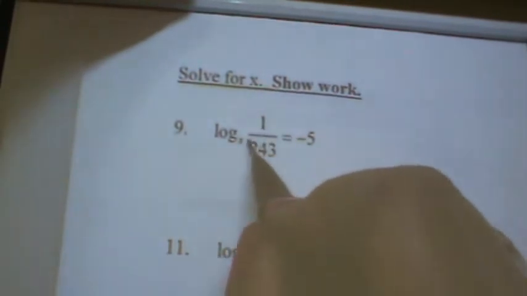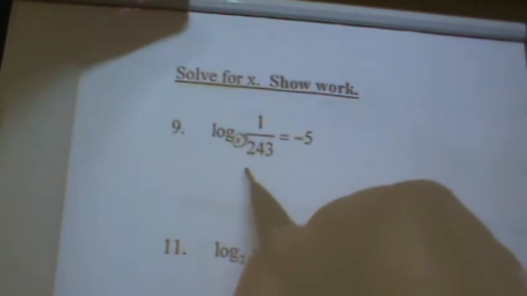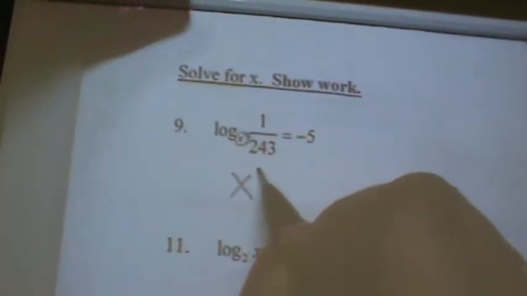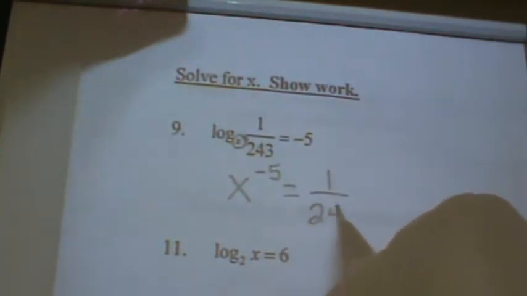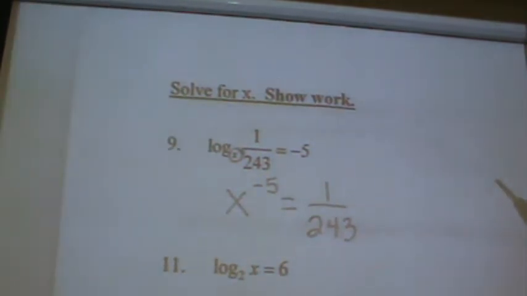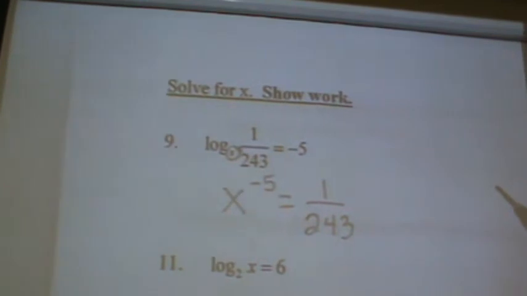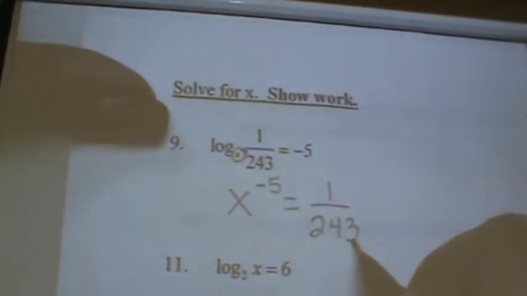Solve for x. Where is x? Right there, little. So let's rewrite it. X to the negative fifth power is equal to 1 over 243. Now, you guys know the test is multiple choice. You're going to have answers here. Now think of 243.